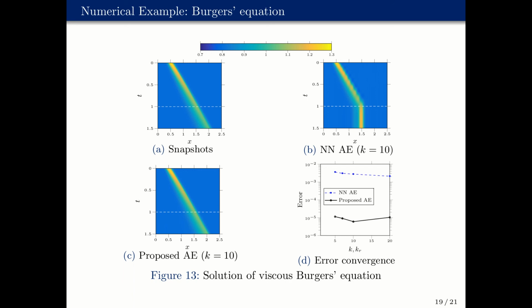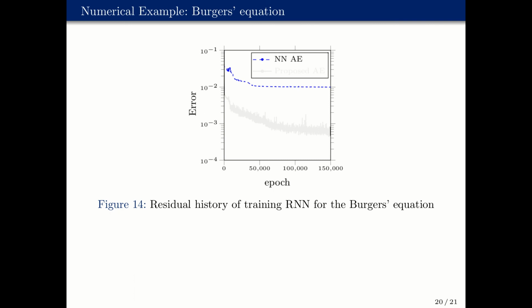And since this was a dimensionality reduction approach, I get all the benefits. So if I look at the training error in figure 14, you see that the training error of the neural network on this manifold, the black line, is much smaller than the traditional neural network, the dashed blue line.